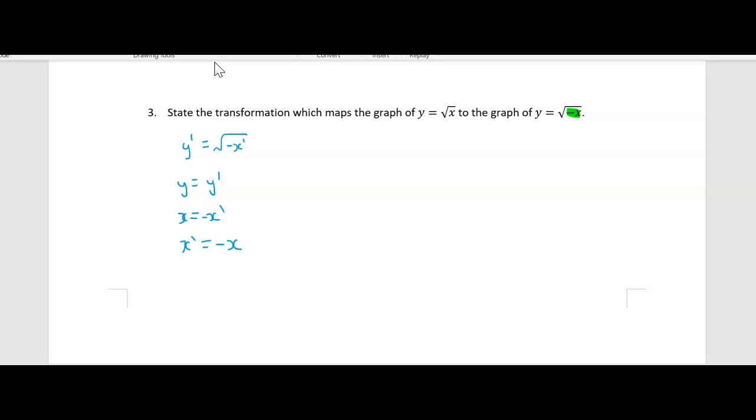So, sorry, I shouldn't have written y first. x, y is mapped to negative x, y. So you've got your reflection there on your y-axis, reflected along the y-axis.